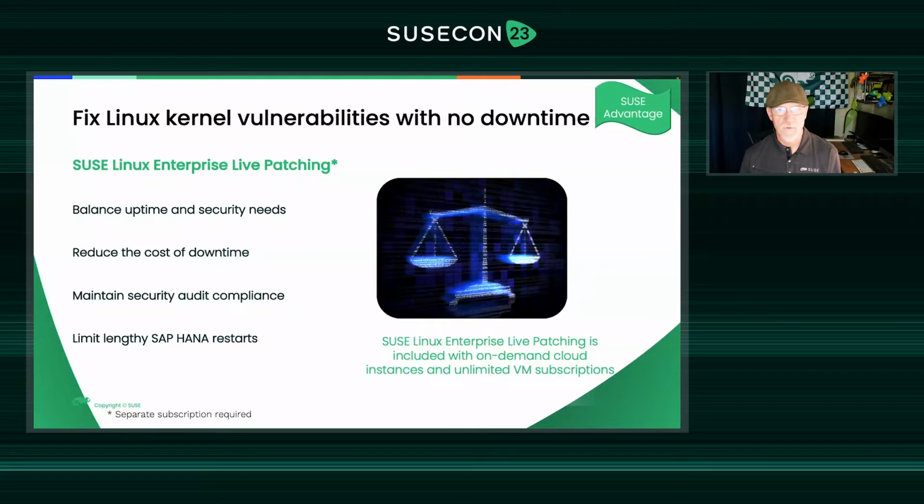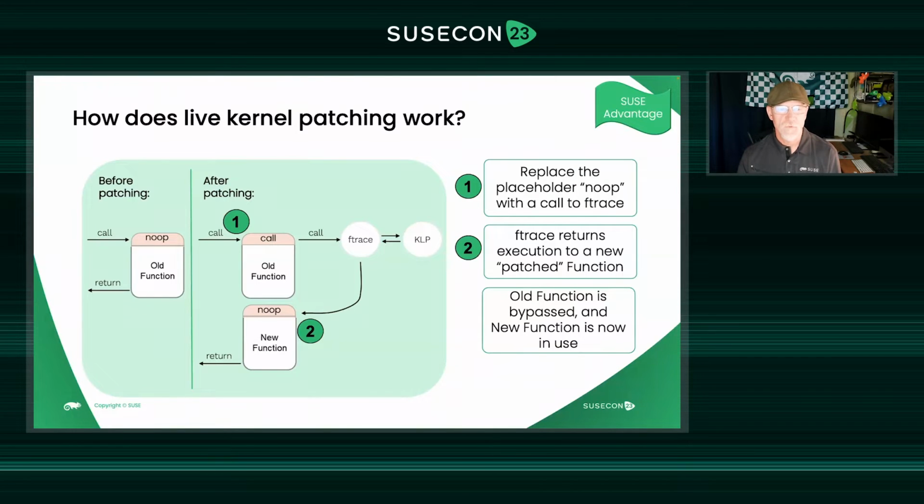Without kernel live patching, this would require us to update the kernel and reboot it and bring it up to speed. With kernel live patching, that's not an issue. We keep our original kernel. We can just patch the kernel with new libraries so that it keeps the system up. The underlying applications are no longer the wiser, and so it allows us to continue running the system without any downtime whatsoever.